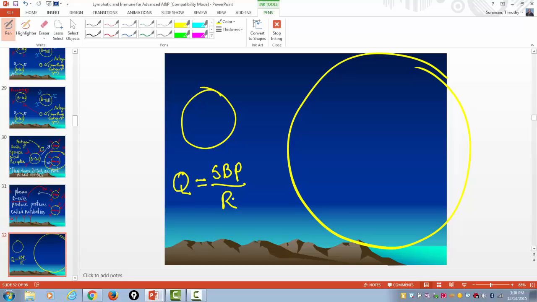The histamines cause the massive arterial vasodilation, so the arteries are huge. Where? All over. So that is going to cause resistance to arterial blood flow to drop, and your systolic blood pressure is going to drop to try to maintain Q.